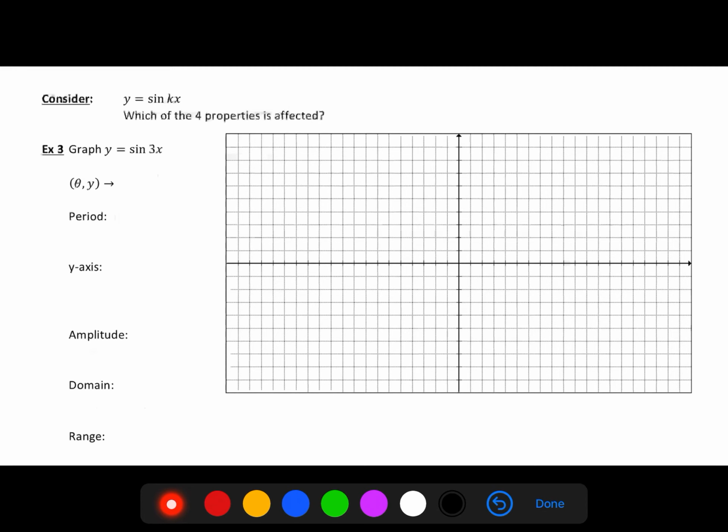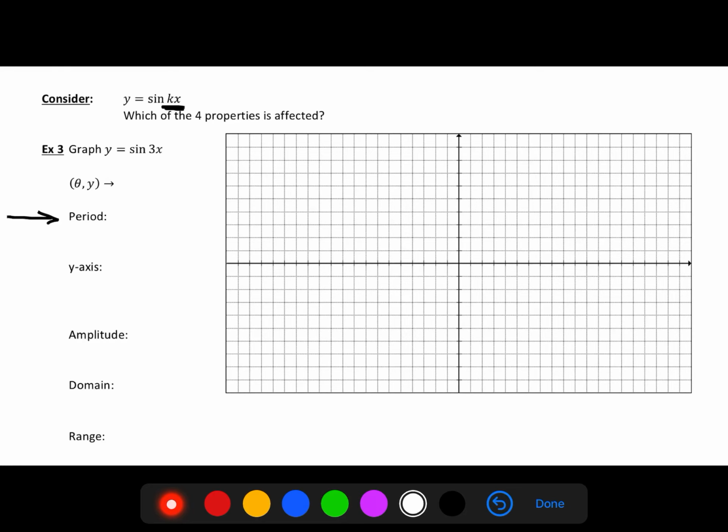Now, we can also have a value in front of x here. So our properties that are affected, now we have a horizontal stretch or compression. So this is going to affect our period now, which in turn is going to affect how often our key points are going to happen.